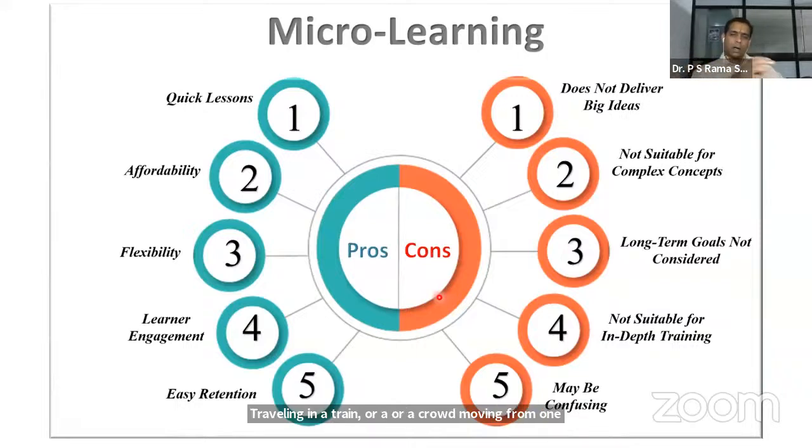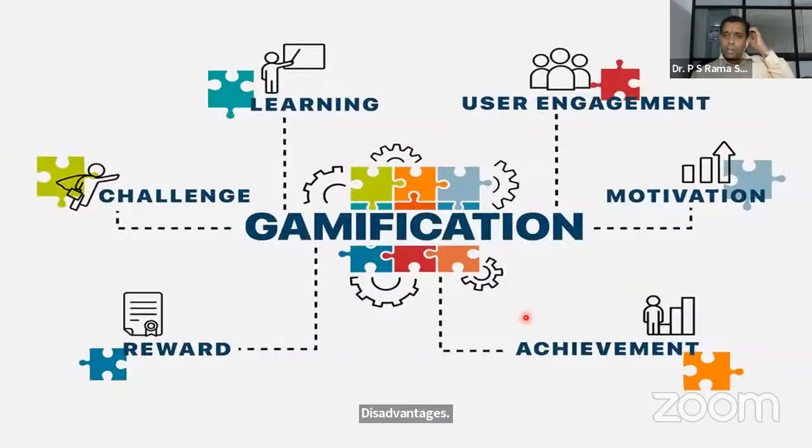You just want to have a quick overview of the topic. So micro learning helps that, right? So these are some of the advantages and disadvantages, or drawbacks, I can't say disadvantages, drawbacks of it. I'll not go into much detail on that.